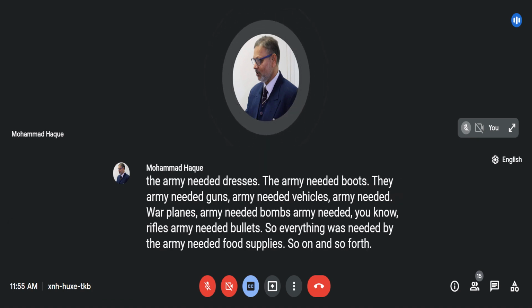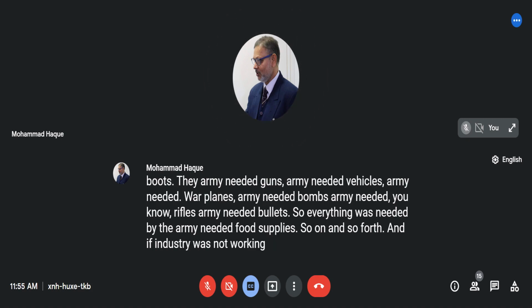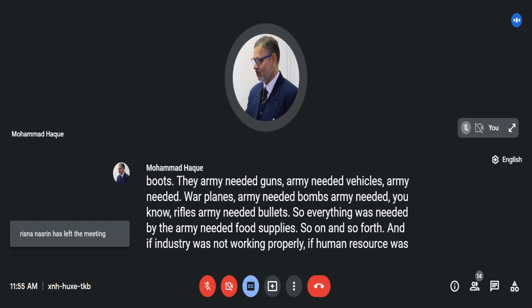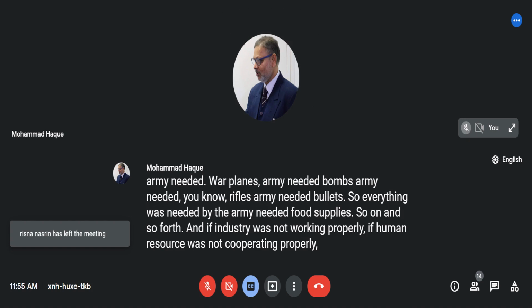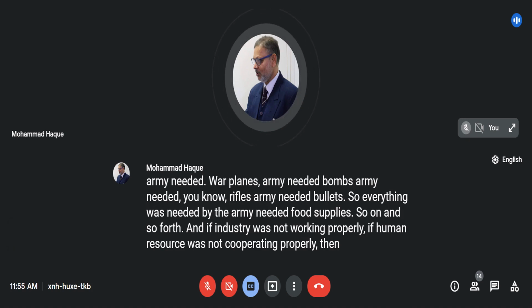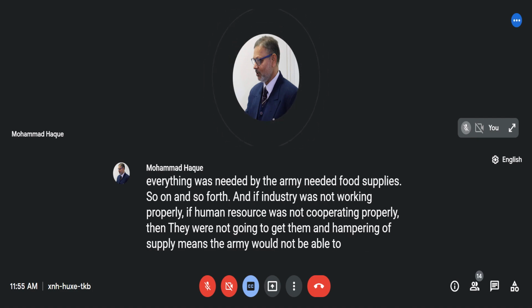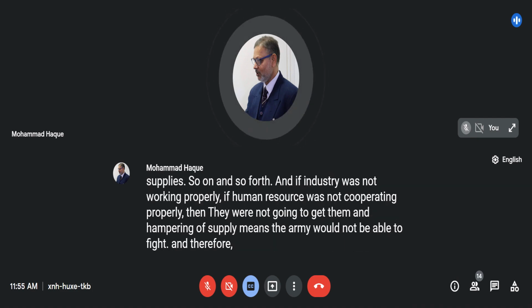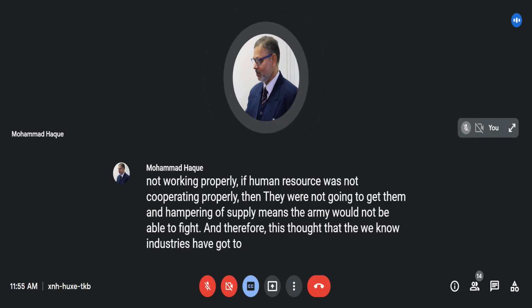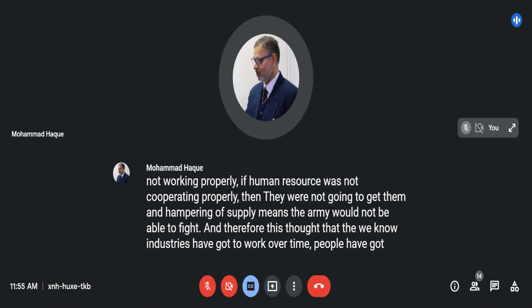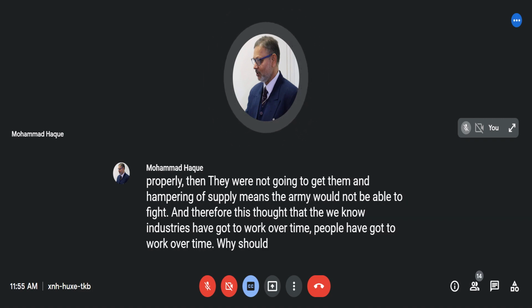And if industry was not working properly, if human resource was not cooperating properly, then they were not going to get them. And hampering of supply means the army would not be able to fight. Therefore, they thought that the industries have got to work overtime. People have got to work overtime. Why should they work overtime?